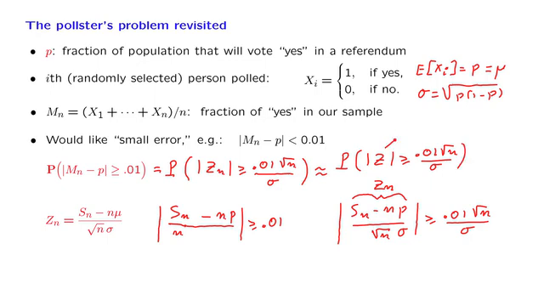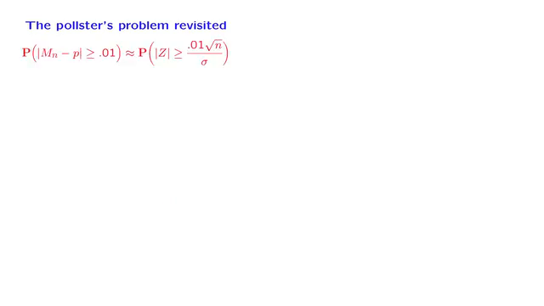So here Z stands for a standard normal random variable with mean 0 and variance equal to 1. Let us now continue on a new slide so that we have some working space, and here is the result that we have derived so far.